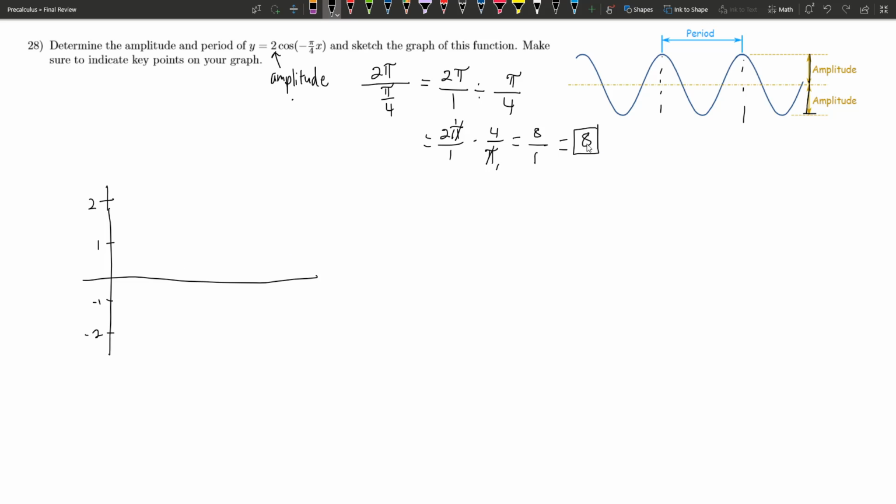Let's see. Since the period is 8, the way I like to think about it is, now usually there's a pi or something here because we like to do that. Usually the full thing is 2 pi, but hey, if one cycle happens at 8, I'm just going to pick a point in here and call it 8. Then the middle of that function happens when this value here is 4, right? This is really the angle in radians.